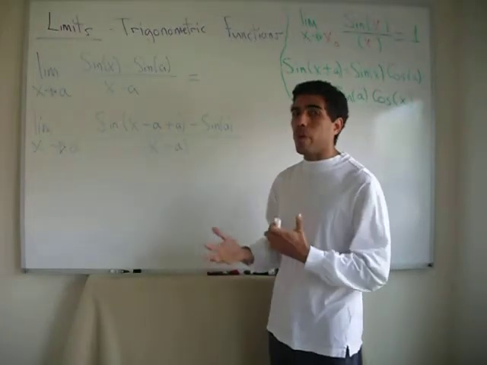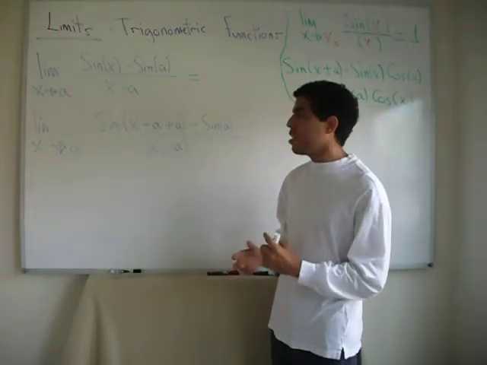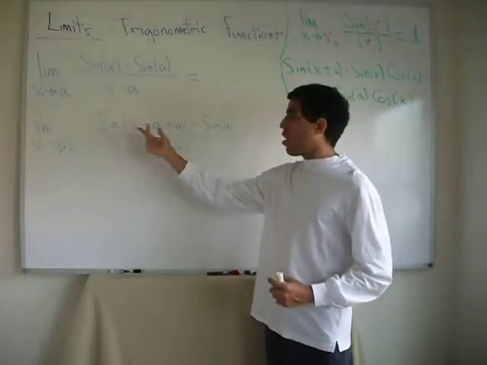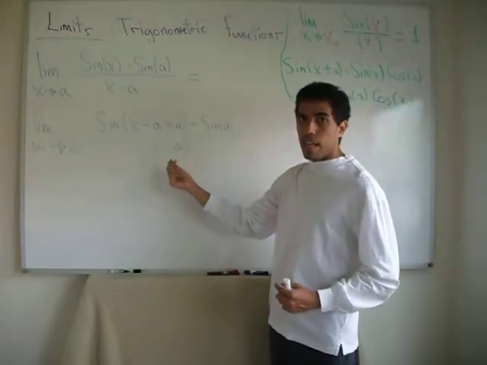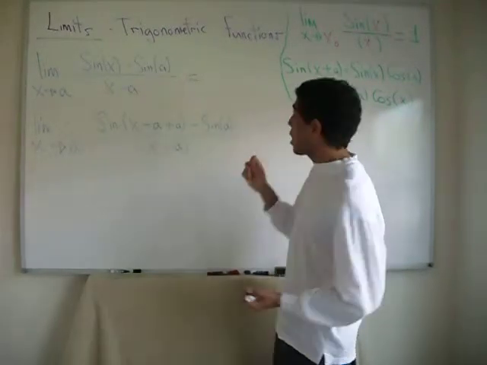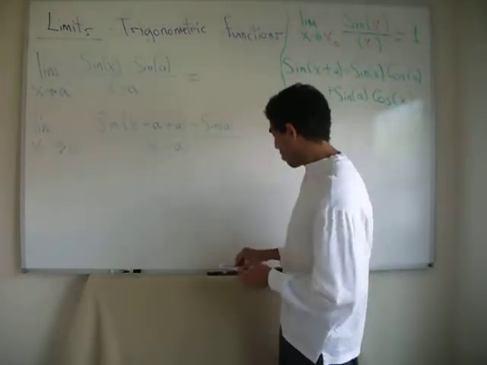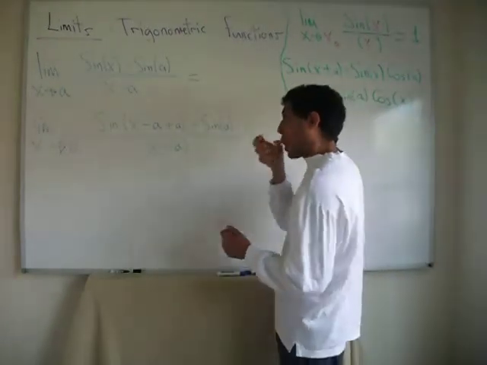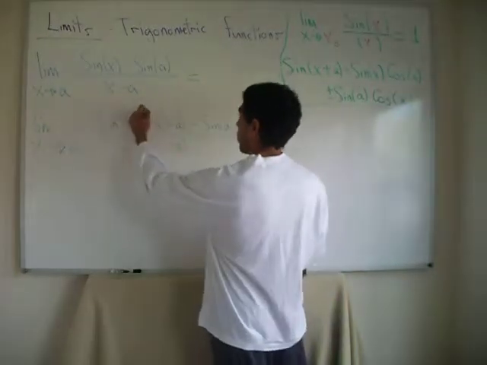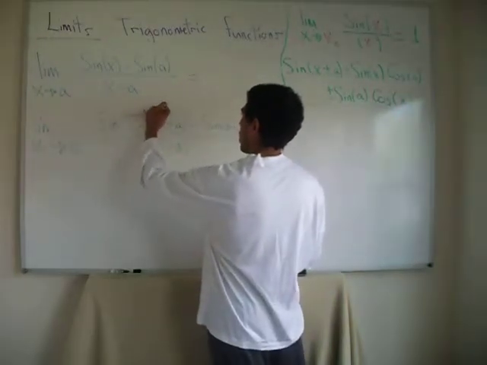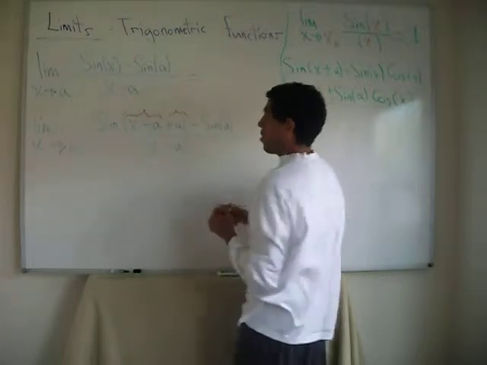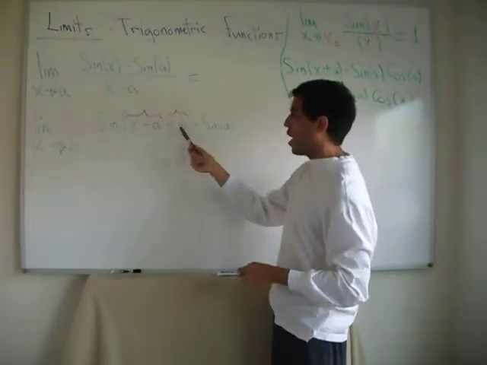What I'm doing is rearranging it, rewriting it, because I want sin to have an argument that looks like x minus a, because if I achieve that, then I will be able to use this, okay? However, as you may have imagined, this also brings up a problem, because now I have x minus a and plus a.